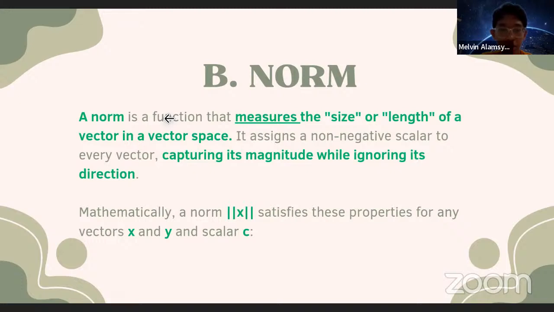So basically the norm is ignoring its direction. Mathematically, a norm is symbolized with the double absolute value with x inside of it, and satisfies these properties for any vectors x and y and scalar c.